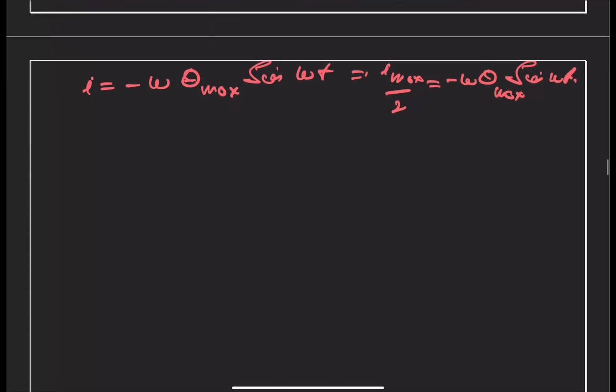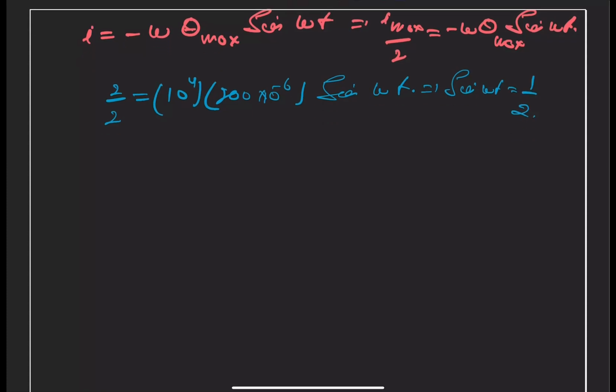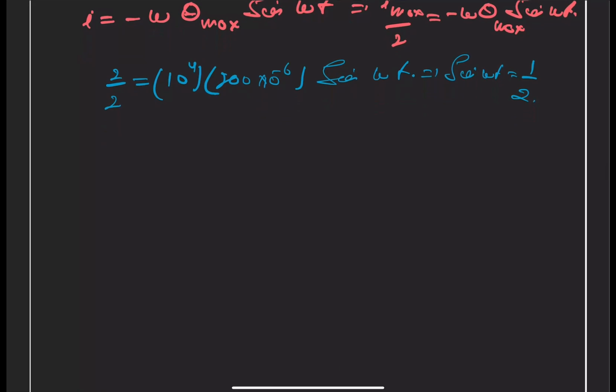I max is 2, so 2 upon 2 is equal to, because we only need the magnitude, we just ignore the sign, 10 to the power 4 times 200 times 10 to the power minus 6, and sine of omega t. This gives us that sine of omega t will be equal to 1 by 2, and from this we can write that omega t is either equal to 30 or 150 degrees.